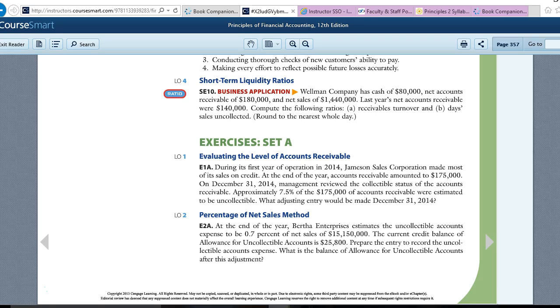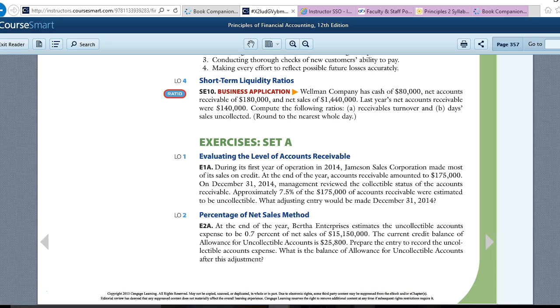The current credit balance of the allowance for uncollectible accounts is $25,800. Prepare the entry to record the uncollectible account expense. What is the balance of the allowance for uncollectible accounts after this adjustment?